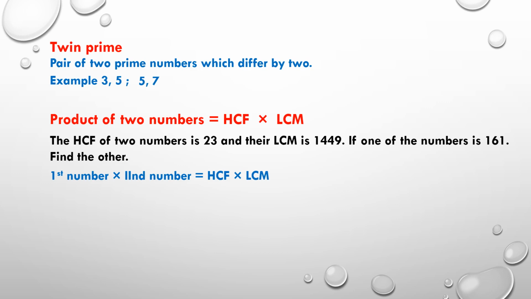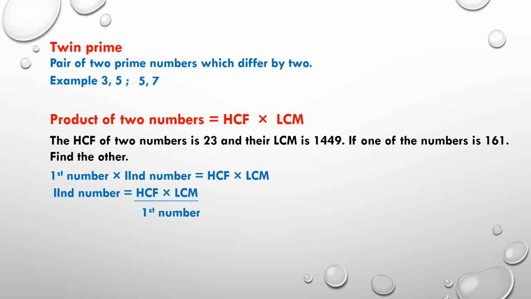In the previous chapter I have already taught you how to find another number if the product of two numbers is given and one number is given. So what do you do? Yes, we just divide the product by the first number to find the other number.